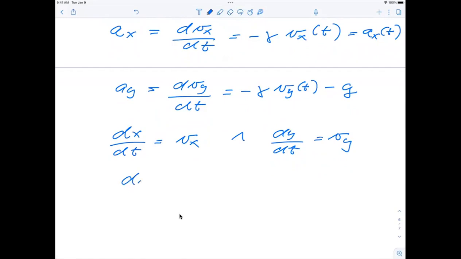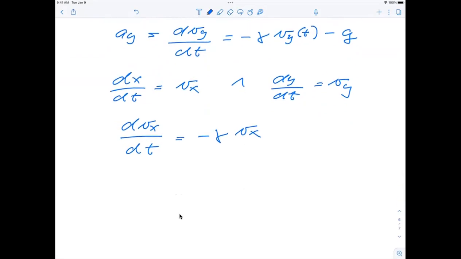We have dvx/dt equal to minus gamma times v of x. Now we divide by v of x on both sides, which gives us dvx divided by v of x, equal to minus gamma dt.